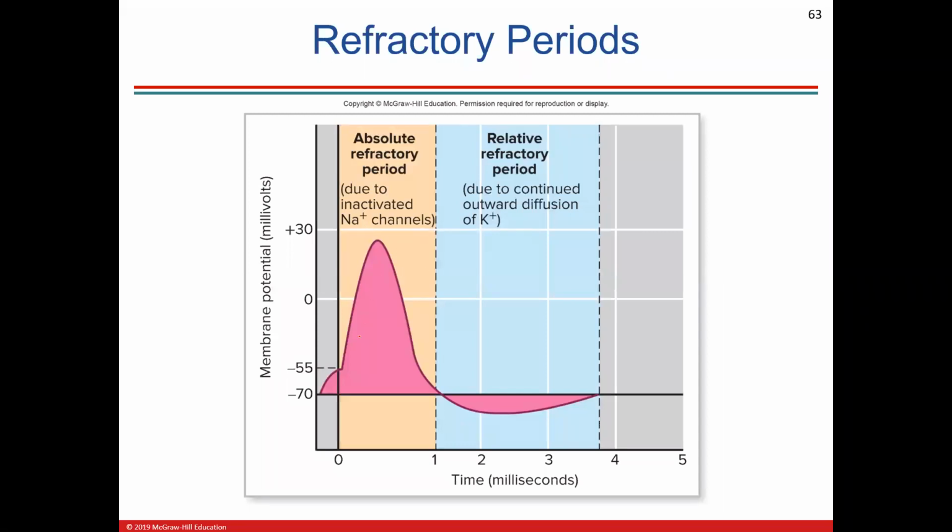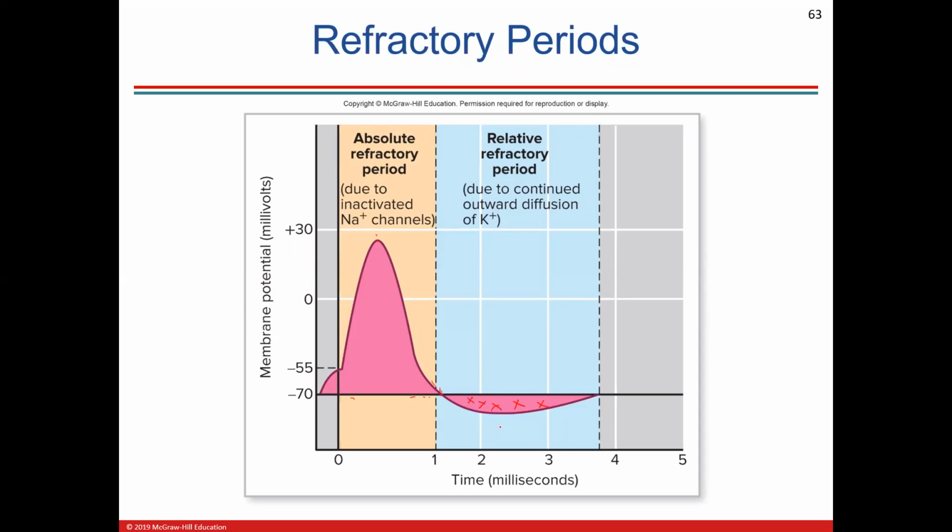The absolute refractory period is pretty much the whole length of the action potential. This should be familiar to you now, right? So you can't get an action potential in this first millisecond, coming down to the resting membrane potential. After repolarization and hyperpolarization, there's no way you're going to get an action potential, well, I mean, there is a way.